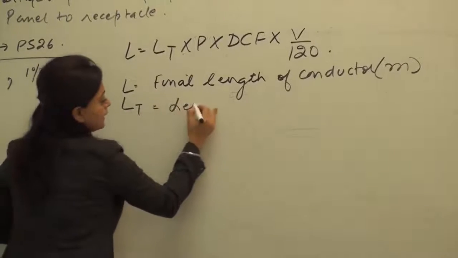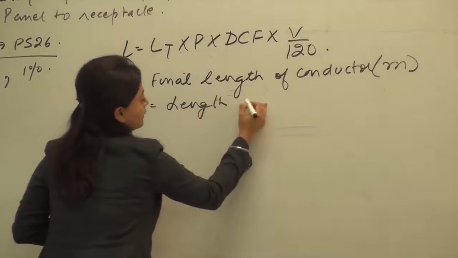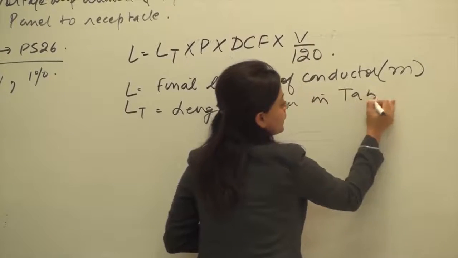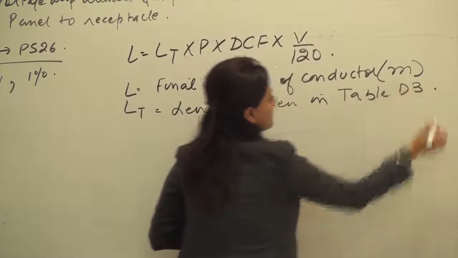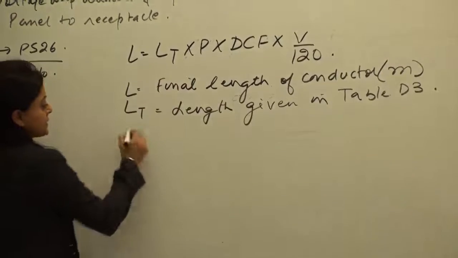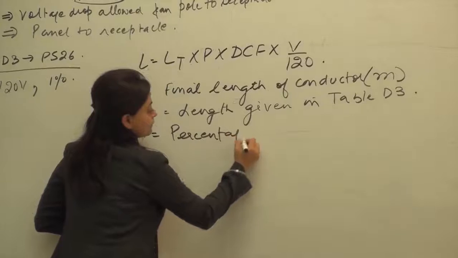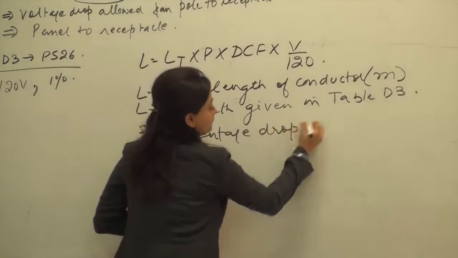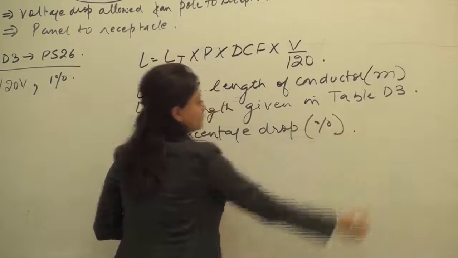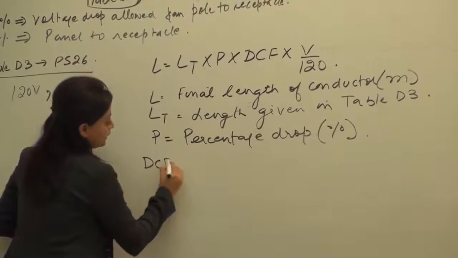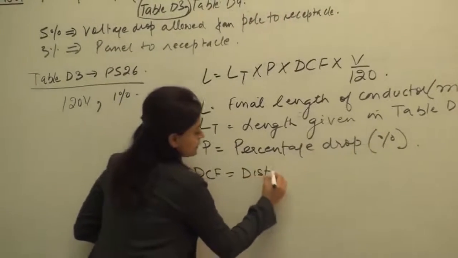LT is length given in table D3. Okay? P stands for percentage drop. And that's measured in percent. DCF stands for distance correction factor.